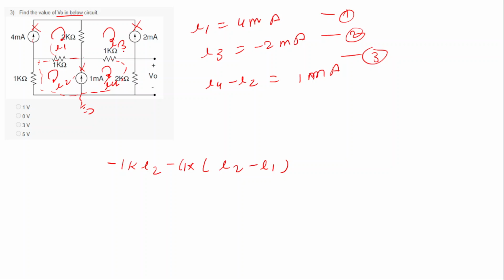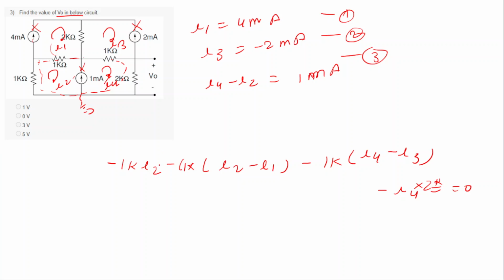Similarly this mesh has a 1k resistor multiplied by (I4 minus I3), plus minus I4 times 2k, equals 0.